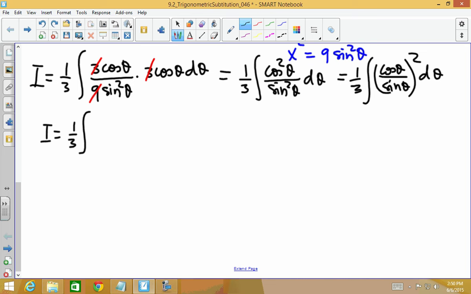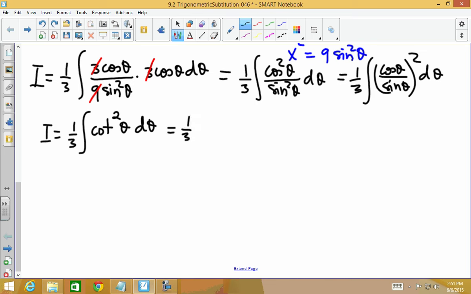And cosine over sine is cotangent. So we have cotangent squared theta d theta. This is a trigonometric integral we learn how to solve, and this is equal to 1 over 3.